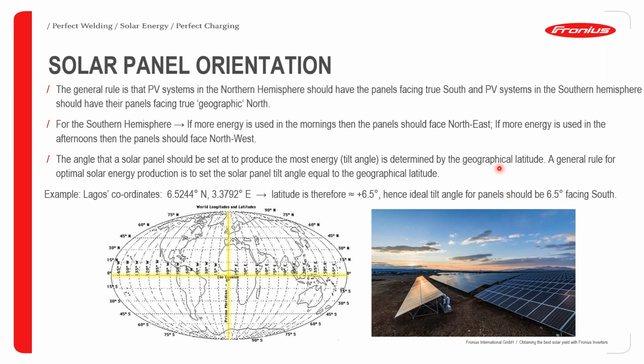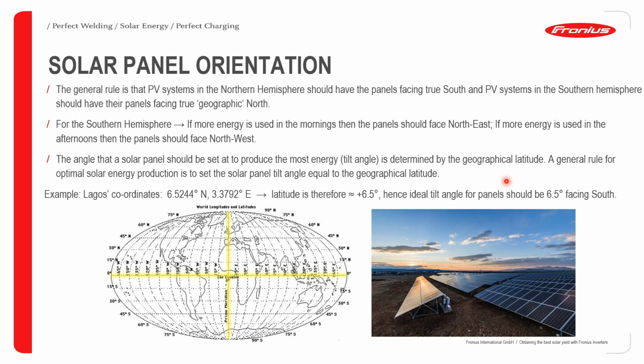And for another example, with reference to my colleagues, take Byron, for example, who is based in Johannesburg. So for Johannesburg, the latitude is 33 degrees, due south. So that means the best tilt angle for Johannesburg should be 33 degrees facing north.